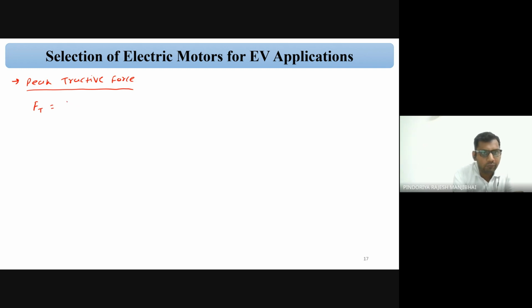So this is Fr, rolling resistance force, Fg, gradient force, plus Fm. So all the forces we calculated. So Fr 176.6 plus Fa 112.3 plus Fm.